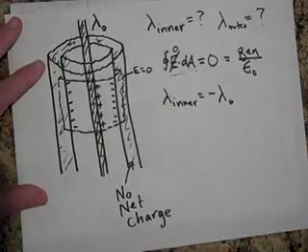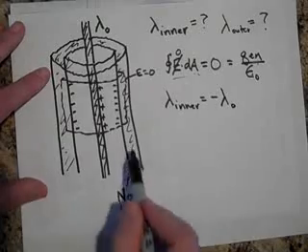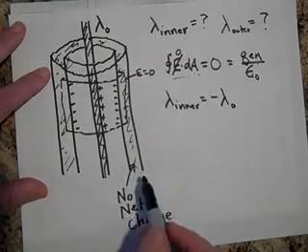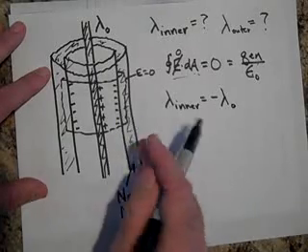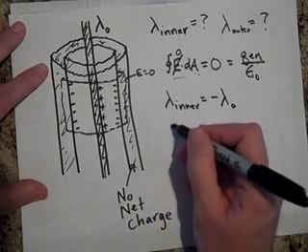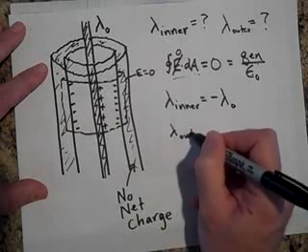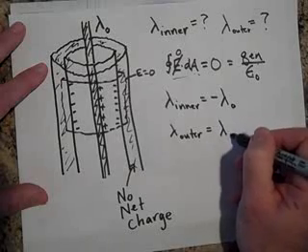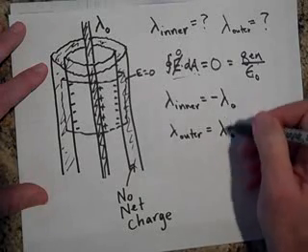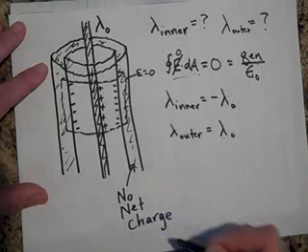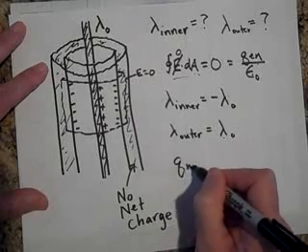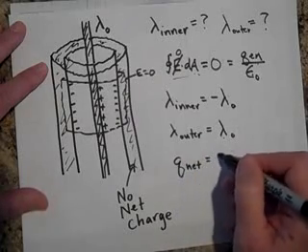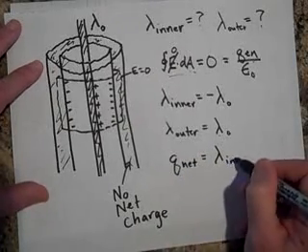Okay, now the outer. In order for there to be no net charge on this, we said there was no net charge on this outer surface. That means that the outer is going to have to be equal to lambda naught. See how when you add the inner and the outer, you get the net charge? So Q net is the inner and the outer.